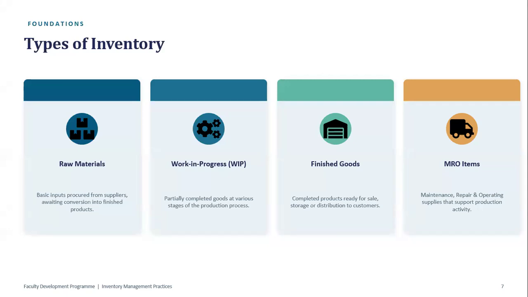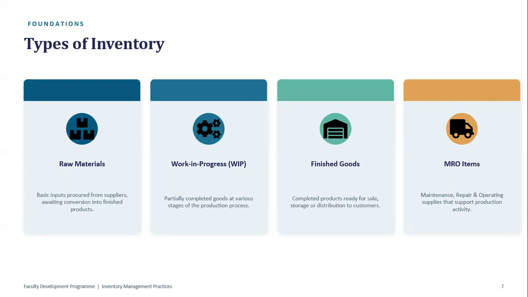Let us discuss the different types of inventory. Organizations maintain different types of inventory. Raw materials are the basic inputs purchased from suppliers. Work in progress inventory comprises partially completed products moving through production.